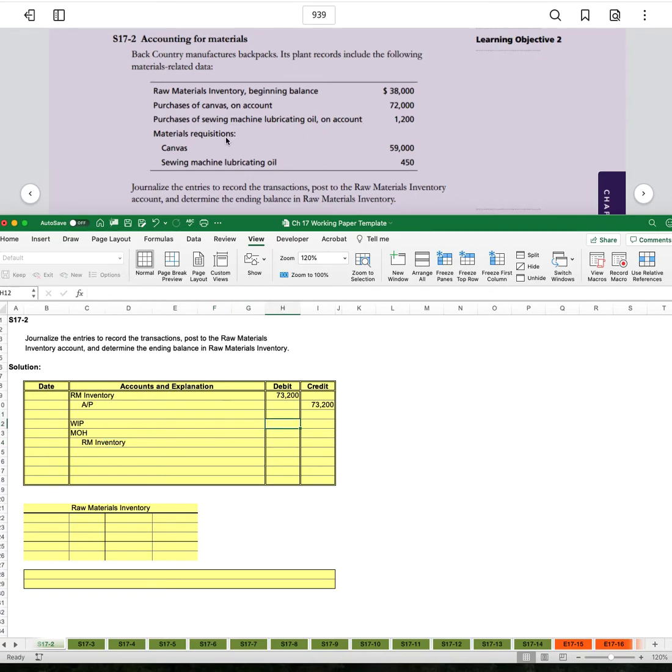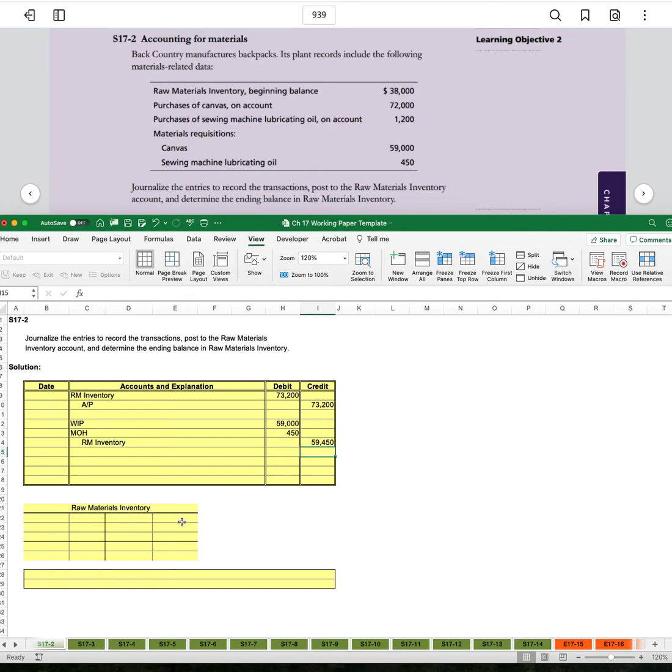And so of the materials requisitioned, the canvas is the direct material. So that's the debit to WIP for $59,000. The lubricating oil is an indirect material, which is why it's a debit to manufacturing overhead for $450. And so the sum of those two things gives us a credit to raw materials inventory for $59,450.